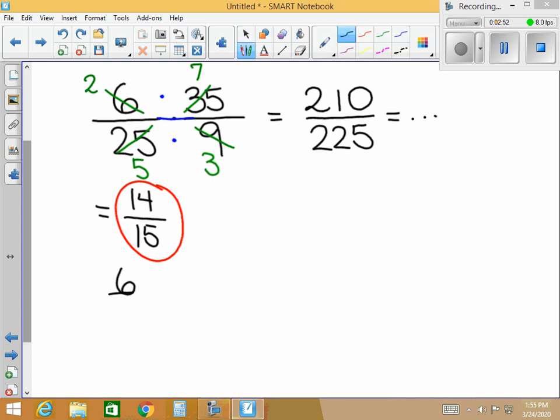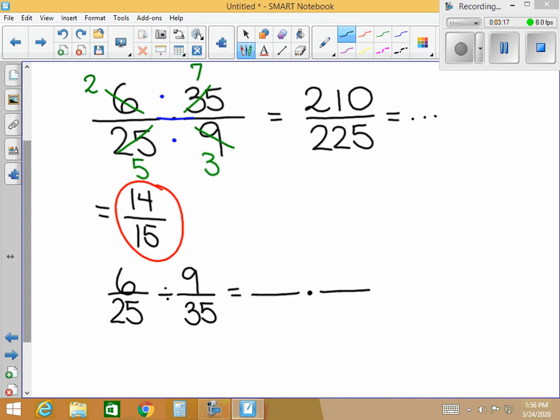If instead of multiplying fractions, I was asked to divide, I was asked to take 6/25 and divide it by 9 over 35. Remember that division is just a multiplication problem. All subtraction can be thought of as addition, all division can be thought of as multiplying.